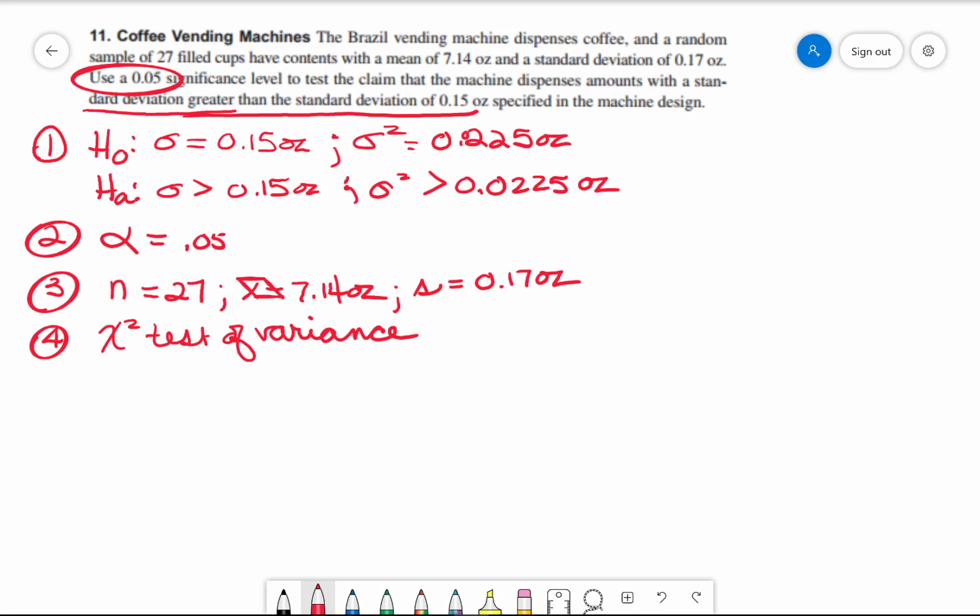Our formula is, and I would recommend you write it down even though you're not going to do the calculations by hand, n minus 1 times s squared over sigma squared. And then we're going to go to StatCrunch. So let's do that.